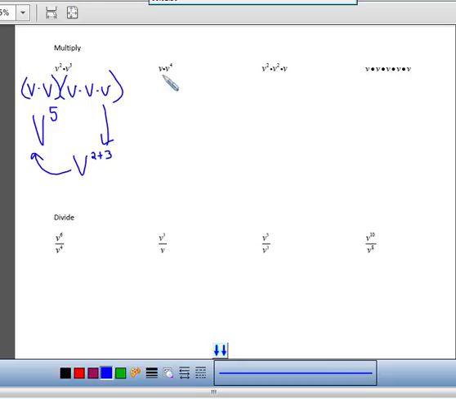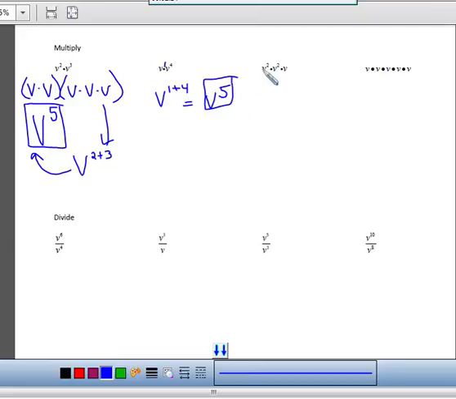Alright? So when I look at the next one, v times v to the 4th. Now remember, when there's no exponent, you treat it like there's a 1. So really I have v to the 1 plus 4, which is equal to v to the 5th. So another example of v to the 5th. I'll put a box around all my answers here so we know what we get.